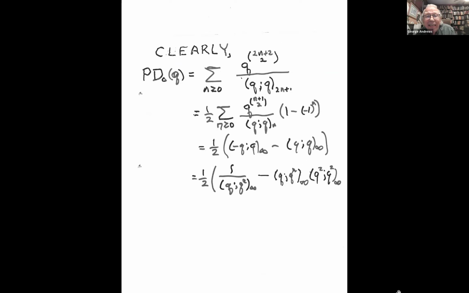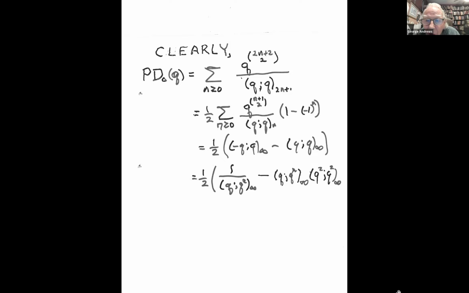So how do I get odd length partitions of partitions into distinct parts? You take every other term in the generating series for partitions into distinct parts. So in the second line, you can see the generating series for partitions into distinct parts, where I've introduced this factor of 1/2 times 1 minus minus 1 to the n.